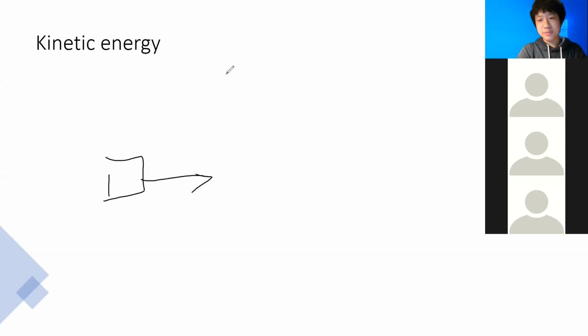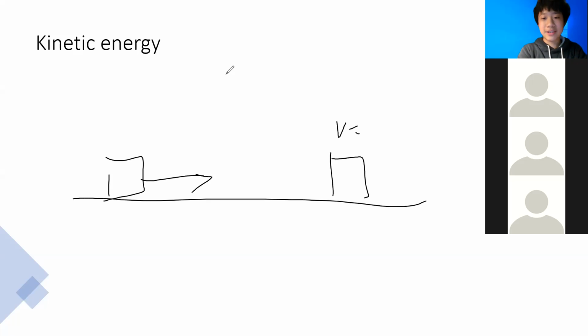Well, if this box is moving this way, and it's about to hit another box that's stationary, when this box hits the other box, then the other box starts moving, right? And so this energy is being released. This energy will do work, because work and kinetic energy are both forms of energy. So this box can create change by allowing the other box to start moving. So any moving object has kinetic energy.